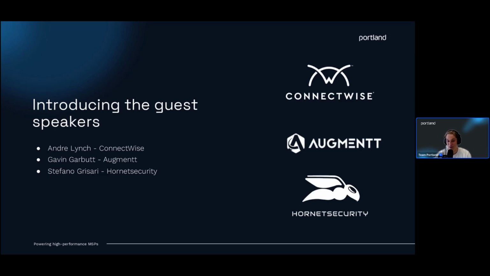We have Gavin Garbett, the old co-founder of Enable and now the co-founder of Augment, who can tell you everything about how to manage and how to secure your business. And we have Stefano Grisari, who's responsible for Hornet Security, very big in Germany, and we're taking that to the Benelux region as well. He's going to tell you how the Hornet Security Suite can help you gain way more profitability in M365.